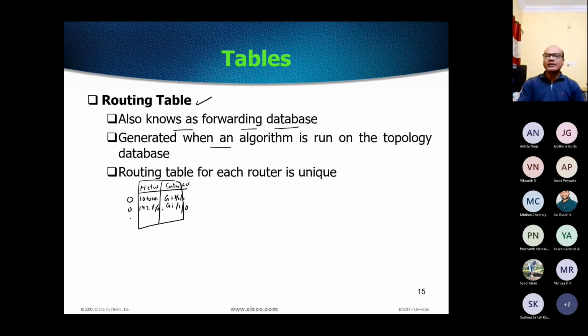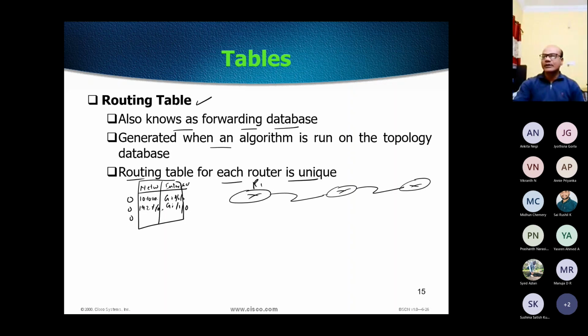So it will keep on maintaining your routing table. For each router, it is unique, right? If you have a lot of routers connected, each router has different kinds of networks, guys. It will not be the same.